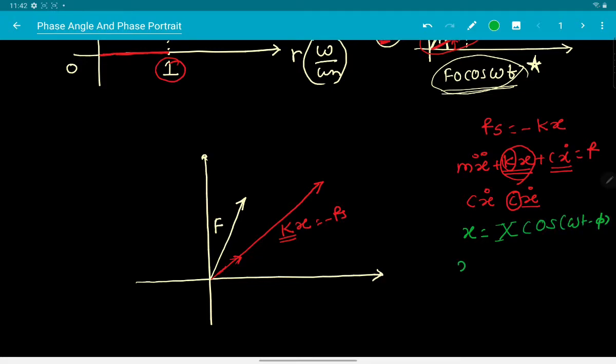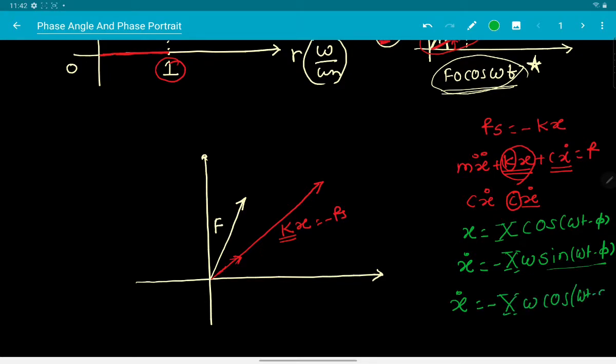If you take the derivative of it, you are going to get minus x times omega times sine of omega t minus phi. Now sine of omega t minus phi I can write as cosine of omega t minus phi minus pi by 2.